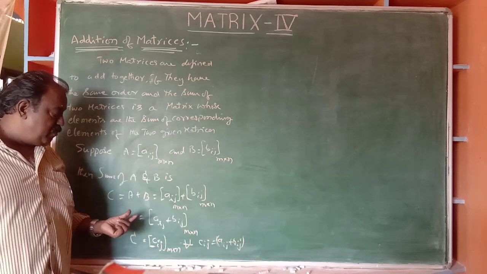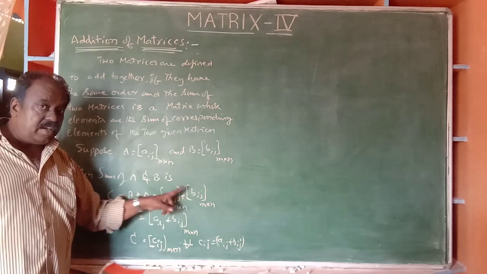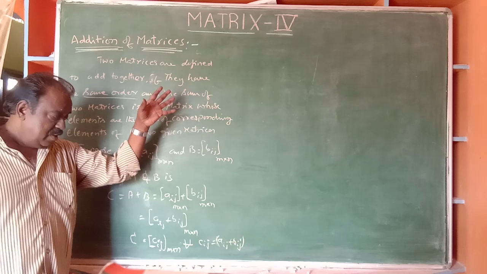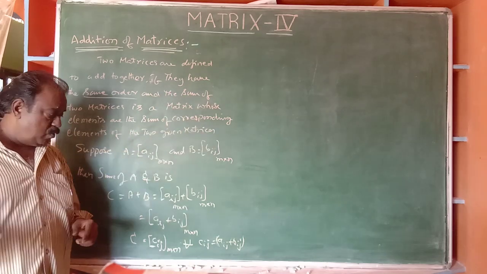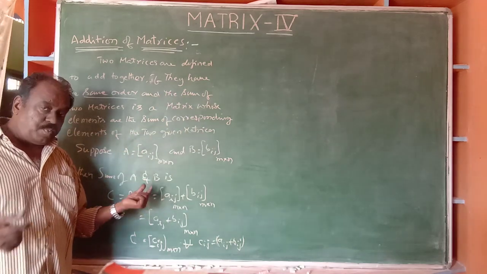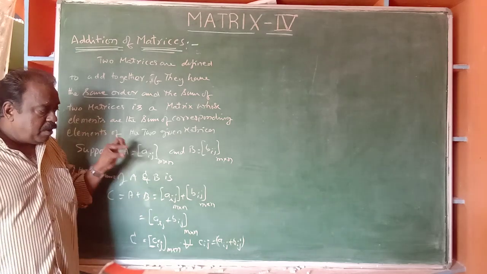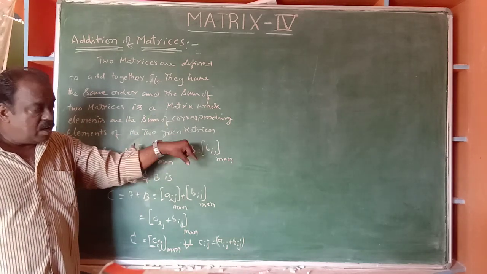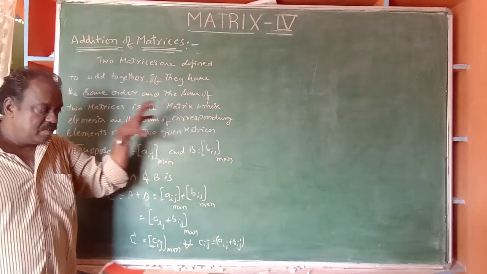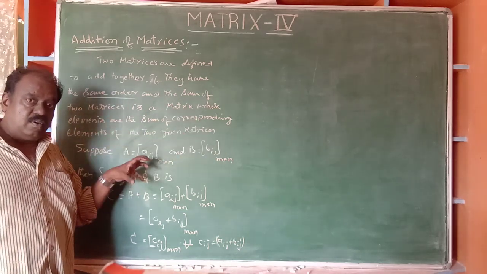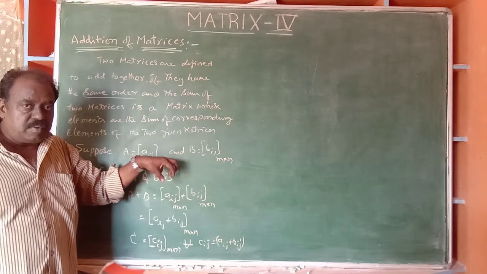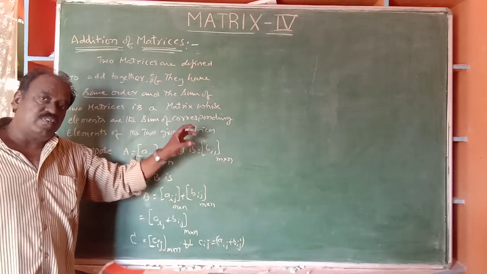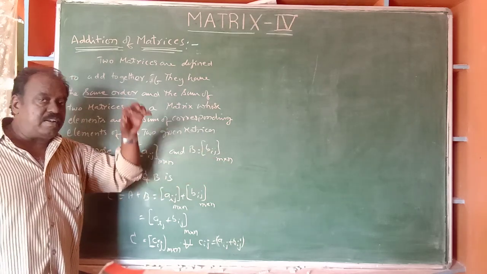By definition, the corresponding elements, I can clearly explain in the example. Here corresponding elements means first row first column element of the first matrix and first row first column element of the second matrix, or third row second column element of A and its corresponding element, third row second column of the second matrix also.